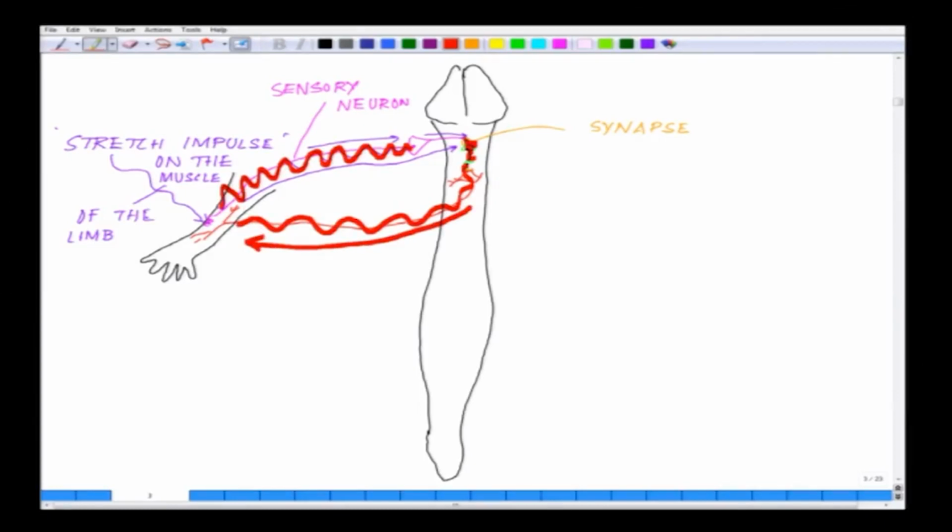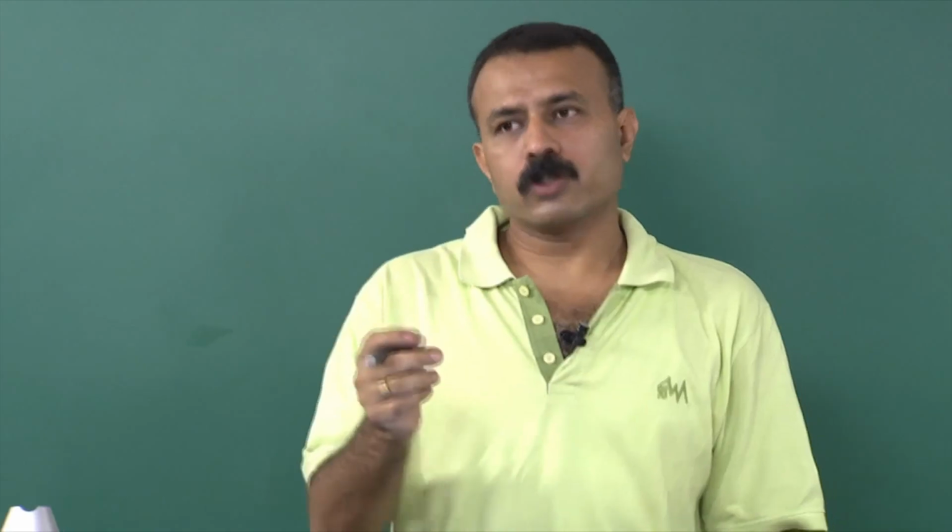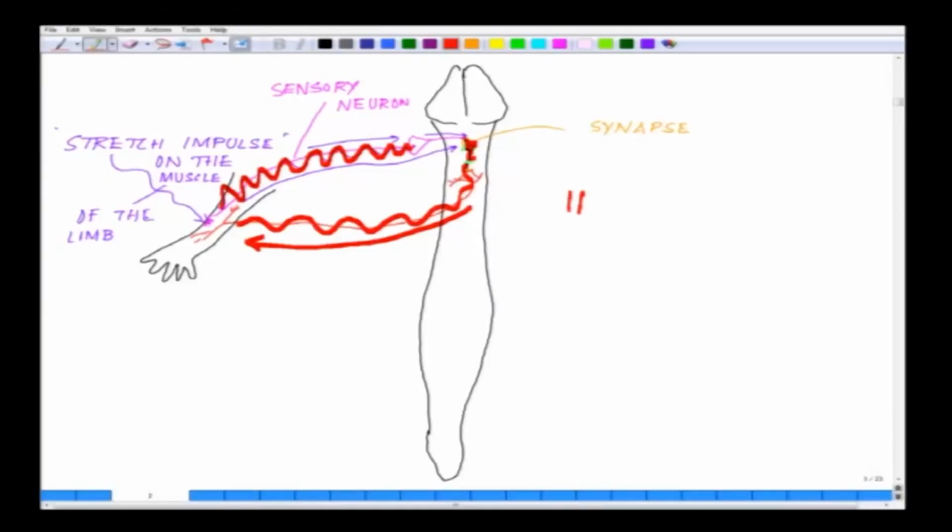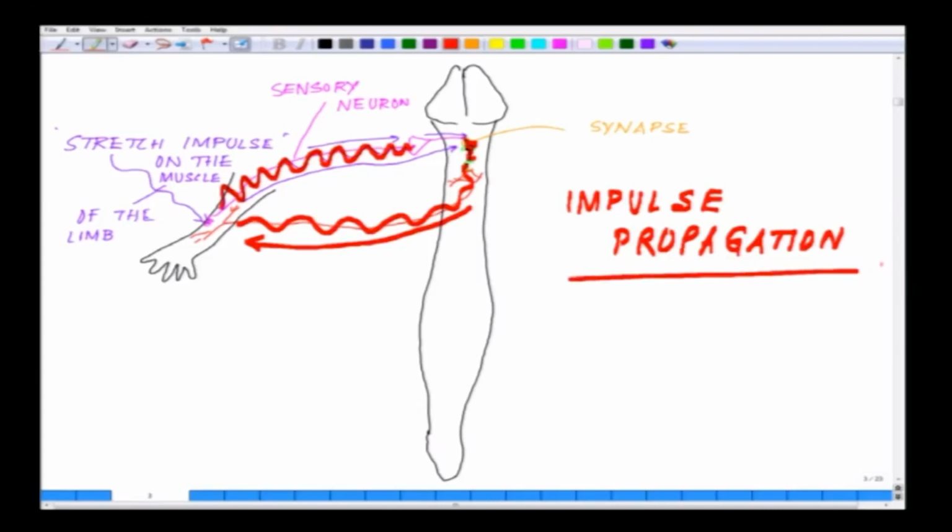Okay. Now, you have understood the impulse propagation. Impulse is getting propagated like this, but what we haven't understood yet, which we have to discuss, is how this part is taken care of. How is the sensory neuron out here sensing, or rather the muscle?